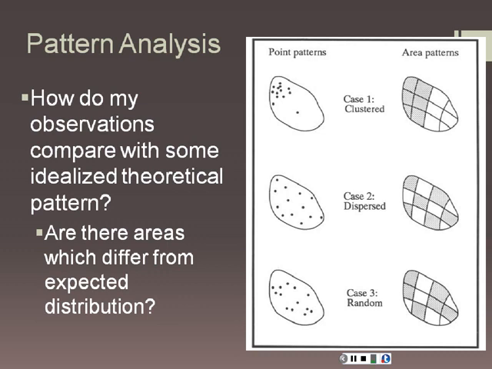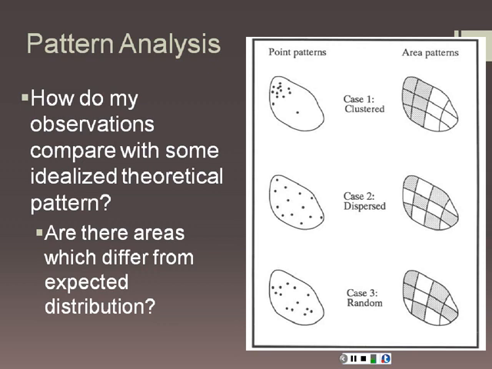And so in pattern analysis, we're talking about either how much does the pattern that I'm looking at right now differ from this ideal of clustered, dispersed, or random, right? And maybe are there areas which are very different from the expected pattern?